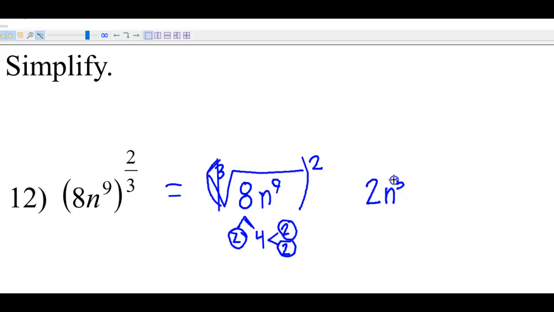So n times n times n is coming out. And nothing will be left underneath. So then I'm going to square this. So 2 squared times n to the 6th, or 4n to the 6th.